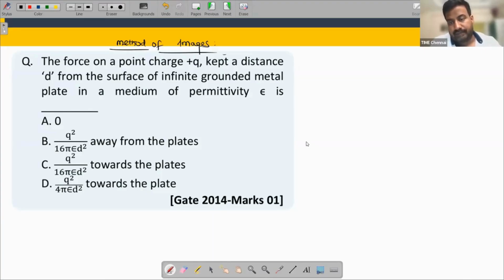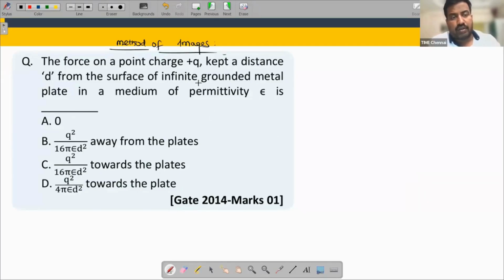Check your answer once again, Bhumika. Yeah, correct, Rakesh. Chandra Hari, yeah, correct.